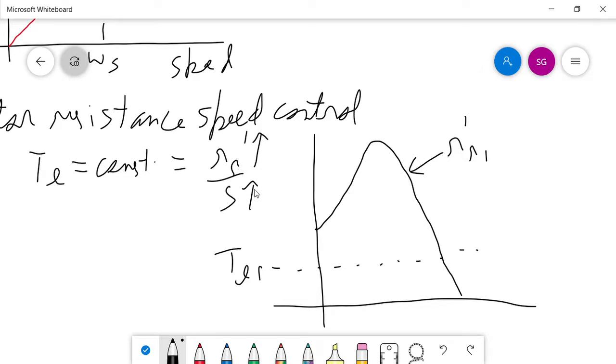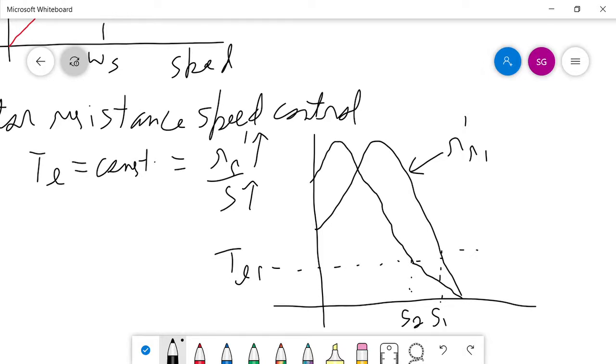So when this is at this slip, let us say this is S1, we can draw the torque slip characteristic and it will attain the same torque but at different slip, and we can extend this.